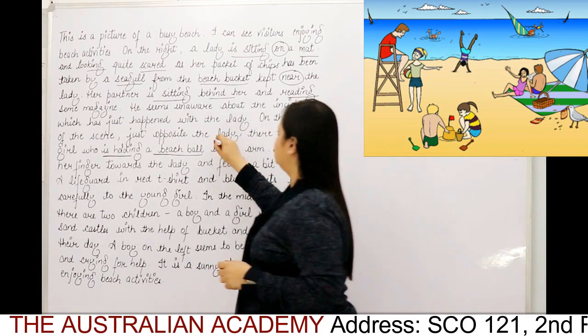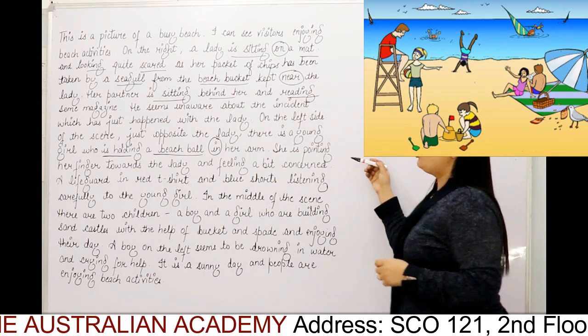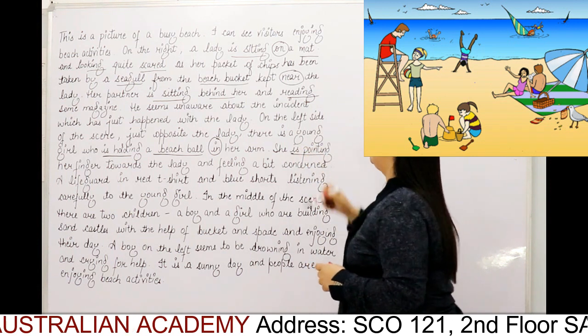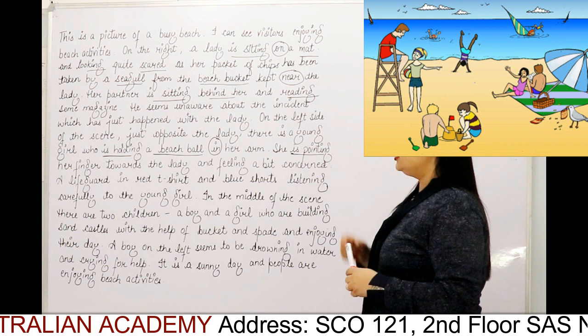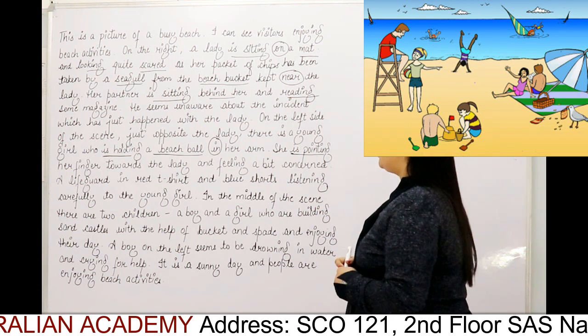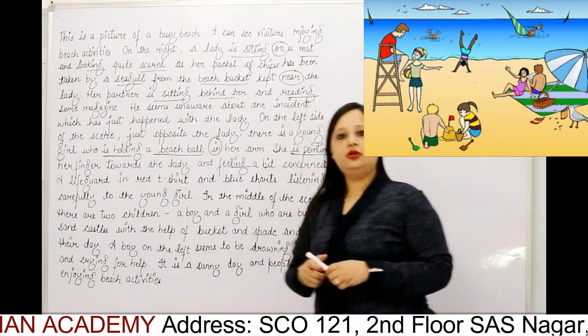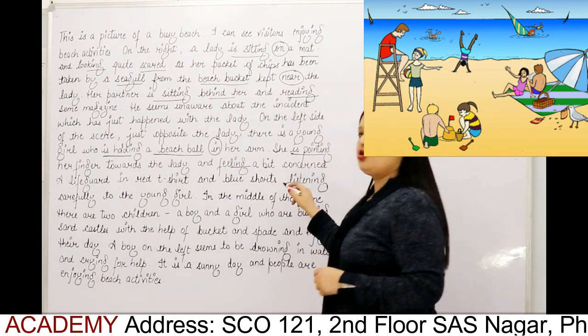In, so these are what? Prepositions. She is pointing her finger towards the lady. Is pointing is again what? Present continuous tense. So she is pointing her finger towards the lady and feeling a bit concerned about her, right? Then a lifeguard in a red t-shirt and blue shorts.